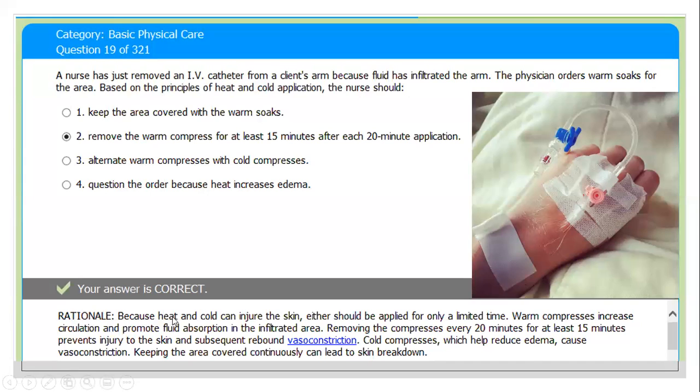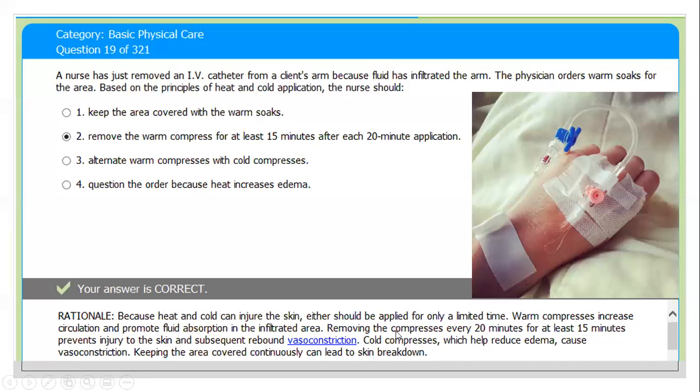Rationale: because heat and cold can injure the skin, either should be applied for only a limited time, and warm compresses increase the circulation and promote fluid absorption in the infiltrate area.